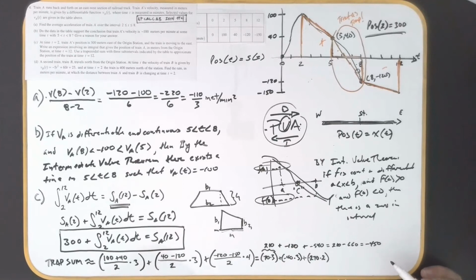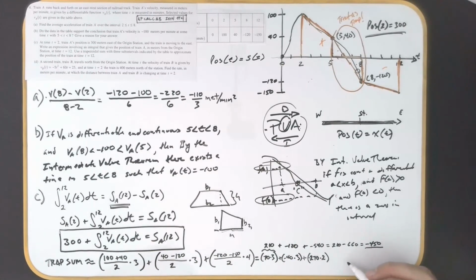Now, you got to be careful because negative 450 is the most common wrong answer. Because negative 450 was, and this is where you get burned, it's just kind of an annoying deal. Negative 450 was just this part of the integral. But you have to remember there was this initial condition, or initial position, at 2 actually, it was 300. So negative 450 is the value of the integral, but don't forget the 300.